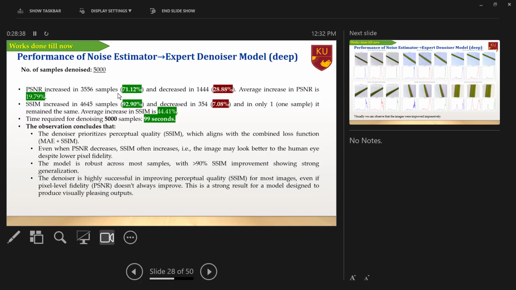The 20 seconds' difference in 5,000 images is very less, a difference of 4 milliseconds per image in both the models. This is a heavy model, and it requires more time for training purposes. But for prediction, both the models take approximately the same time. The difference is only 4 milliseconds per image, which is very less.